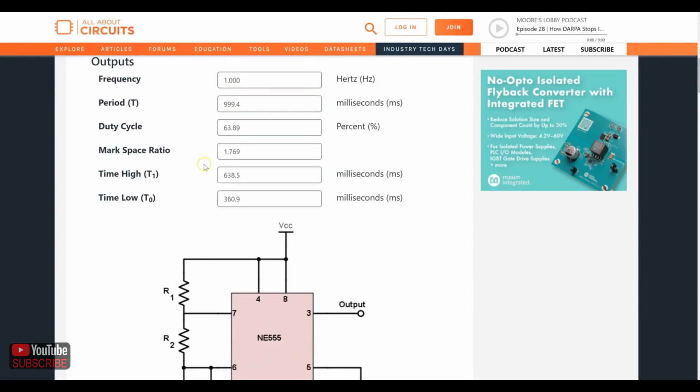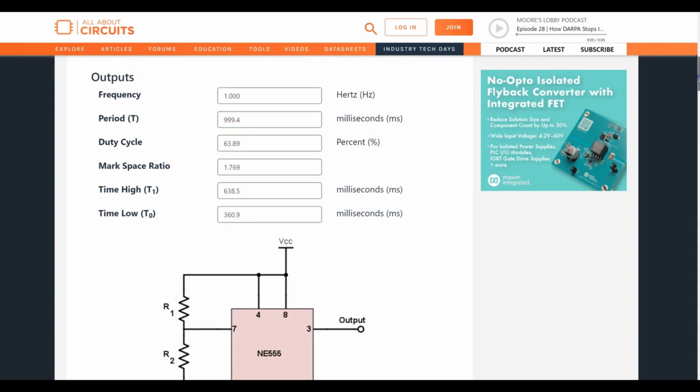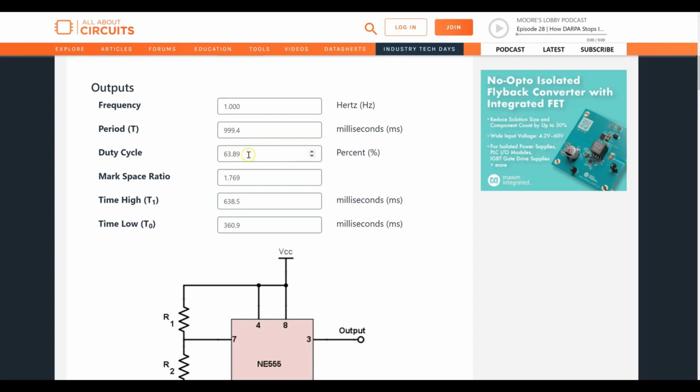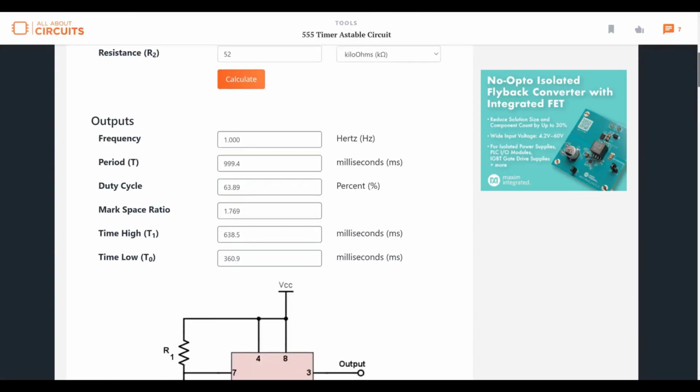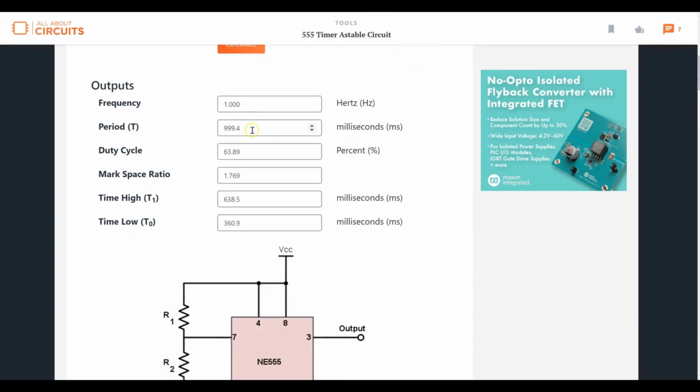Over here it says 63.89%. What it really means is 63.89% of the time it's going to be high, and the rest of the time, roughly 36%, it's going to be low. That is not of much significance for us, because our goal is to have a time delay of 1 second, and that's what we are striving for.